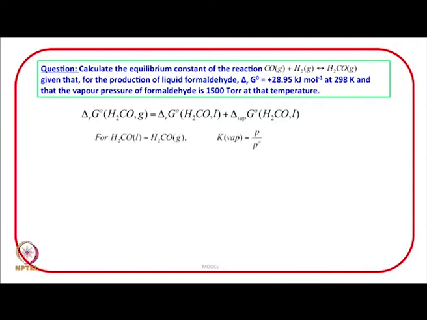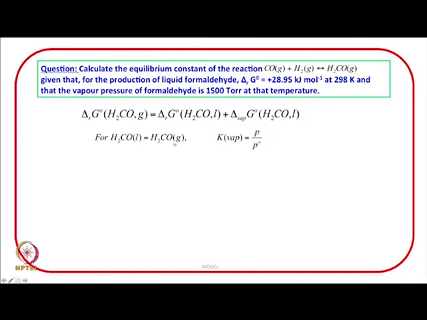And this is the vaporization process, H2CO liquid forming H2CO gaseous form, and for this the equilibrium constant we can immediately write as P by P naught. We have been discussing for a long time how to write the equilibrium constant.